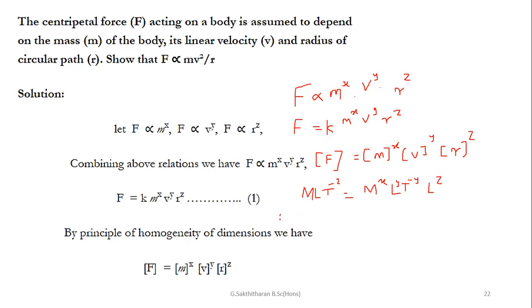Then we equate the powers. The power of M on the left-hand side is 1, and on the right is x, so x equals 1. Then equating the power of L: on the left it is 1, and on the right L into L to the power y into L to the power z. The bases are equal, so the powers add: 1 equals y plus z.